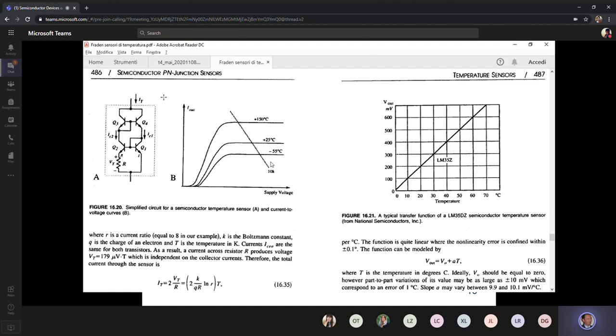Okay, so this arrangement of transistors is also called, for those who have previous information about circuit theory, a current mirror.